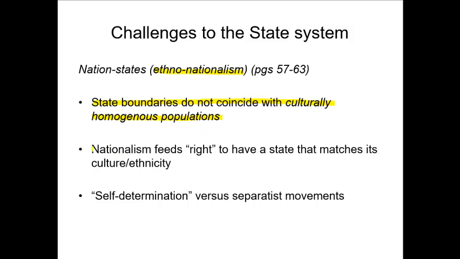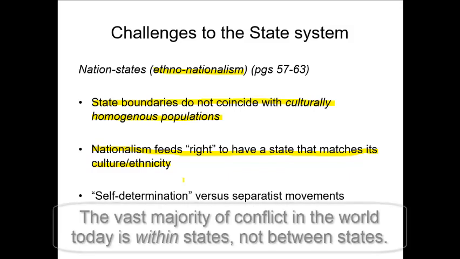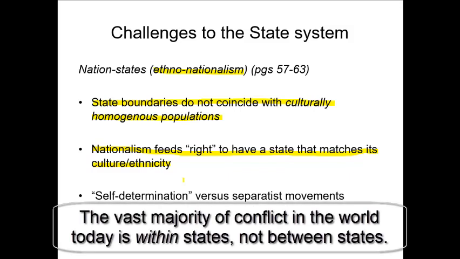So the nationalism of having your own country feeds this right that we need a state that matches our culture or our ethnicity. And this is a source of much conflict in the world. And technically, there's really no such thing as a pure nation state that exists out there in the world.